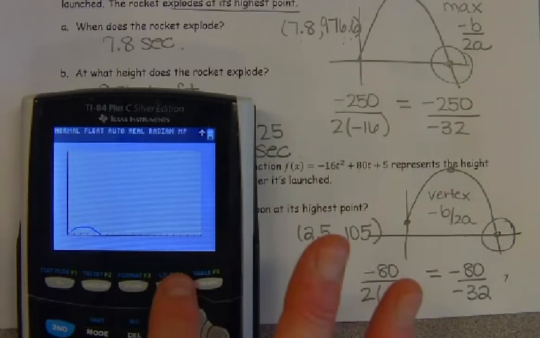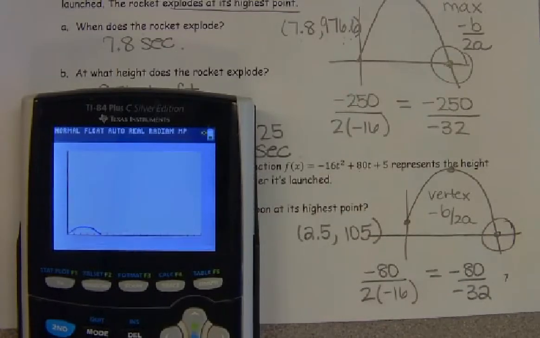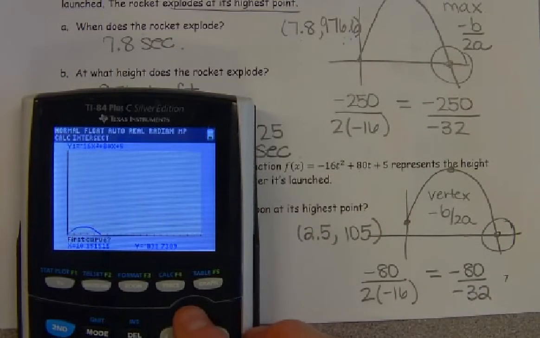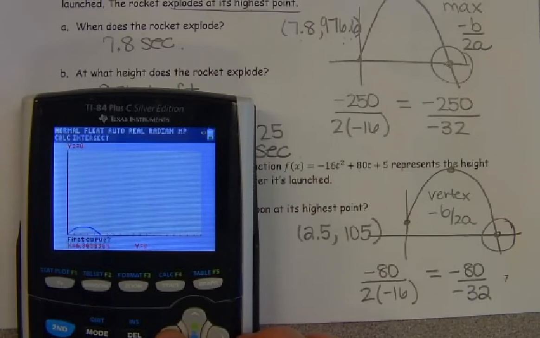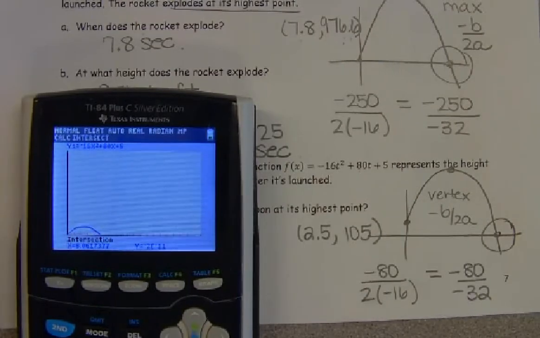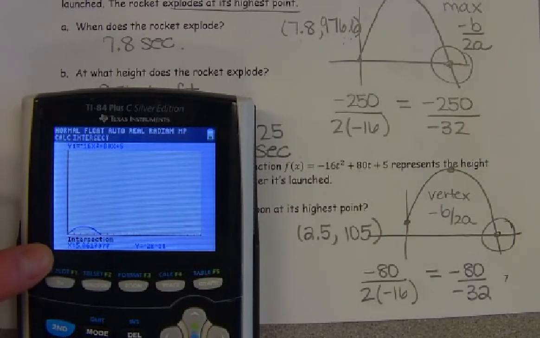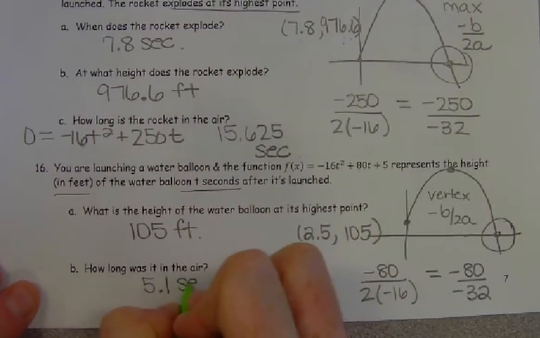So I go second trace down to number 5. I move my cursor guy. And if you can't see him, if you hit your up and down arrow, it'll help you see him. I get near there, can barely see him on there, and I go enter, enter, enter. And it's going to come back on the ground in 5.1 seconds. And you're always looking for that x value there.